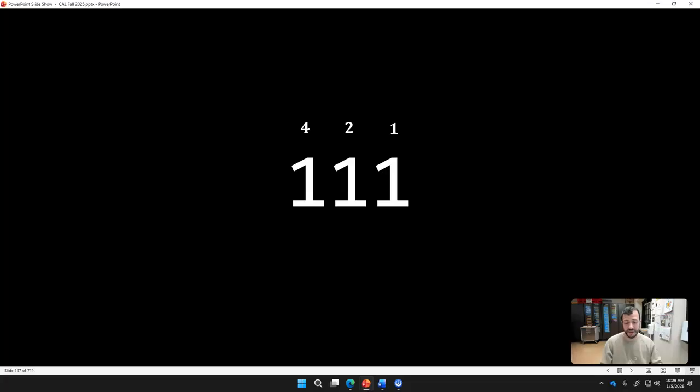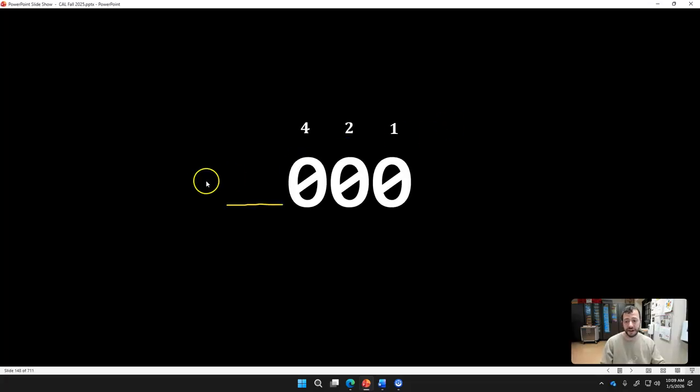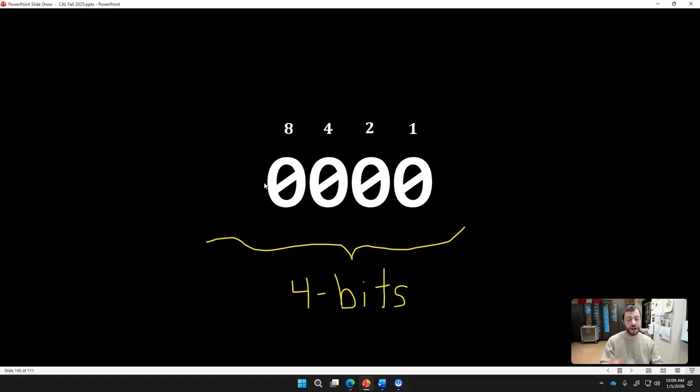And just like in decimal, if we need another place, we add another binary digit, and we can then represent more information. Now we have 4 bits, and we can represent up to 8 plus 4 plus 2 plus 1, for 12, 13, 14, 15, including the 0. That's a total of 16 things that we can now represent with 4 binary digits.